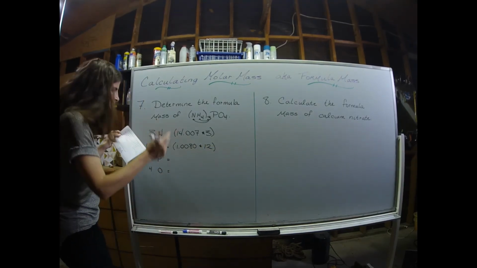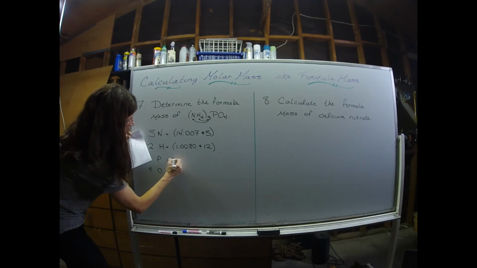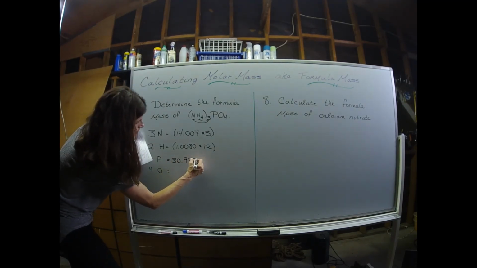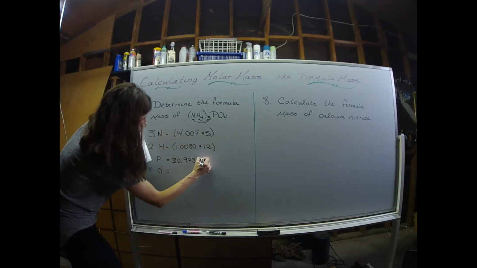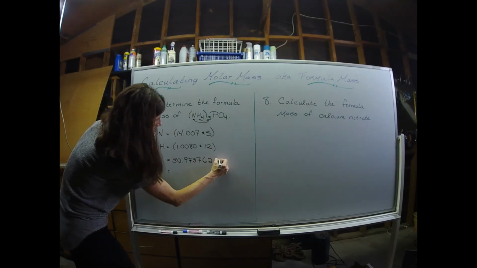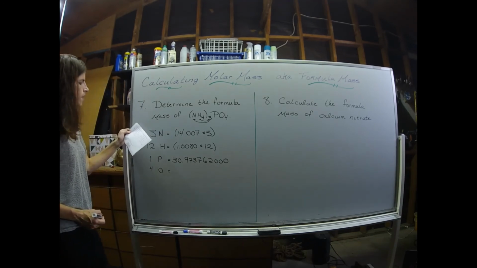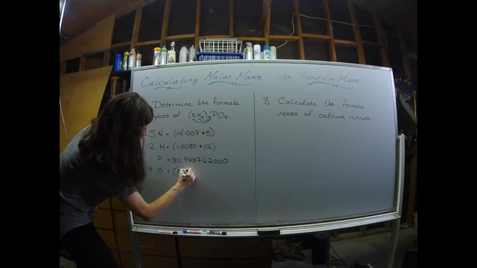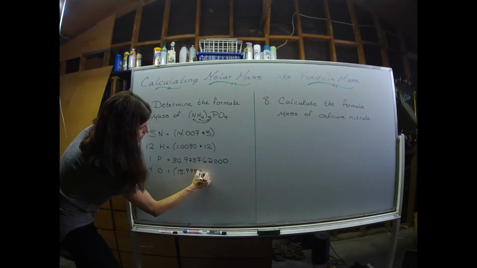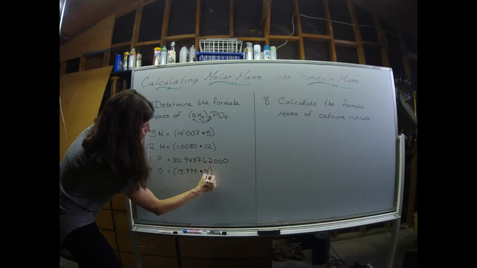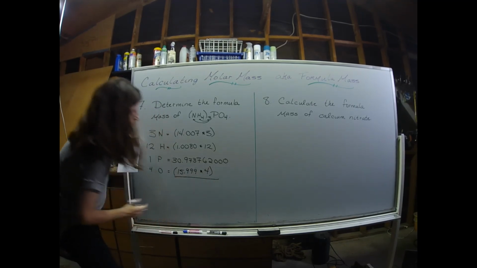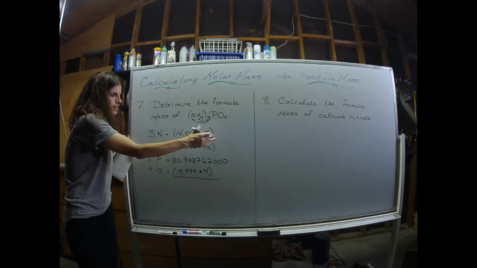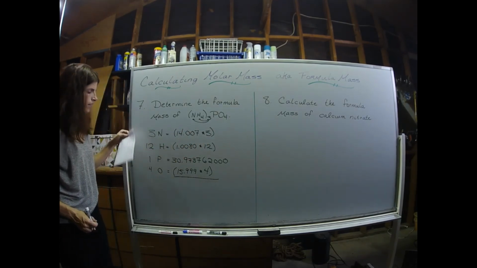Phosphorus is another one with a bunch of sig figs. 30.973762, and then the oxygen is 15.999 times 4. I'm going to enter all this in my calculator with plus signs in between each line here.